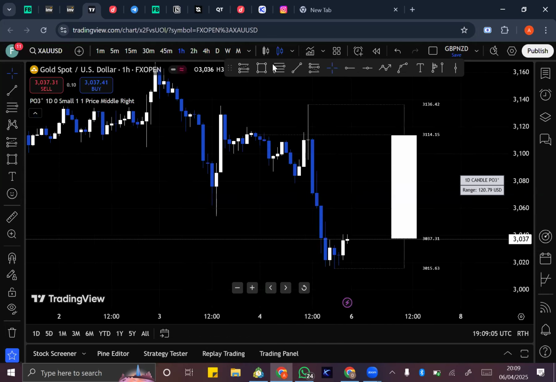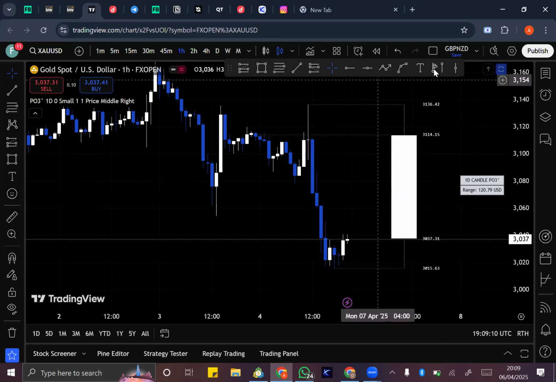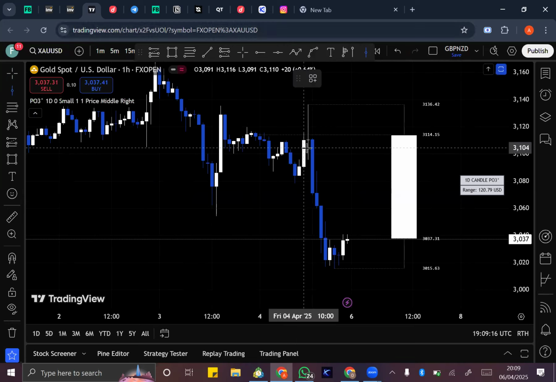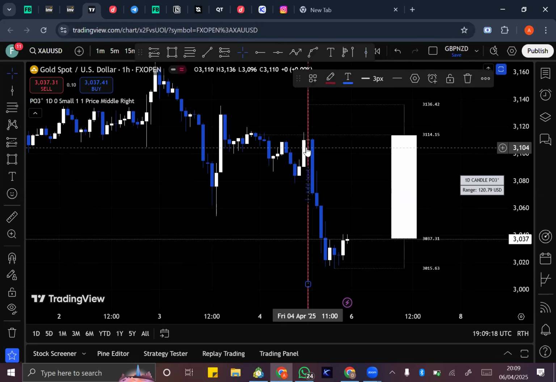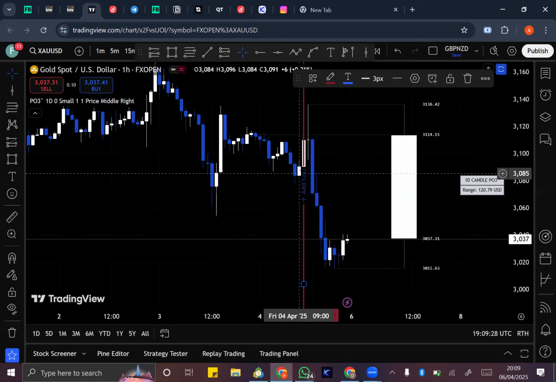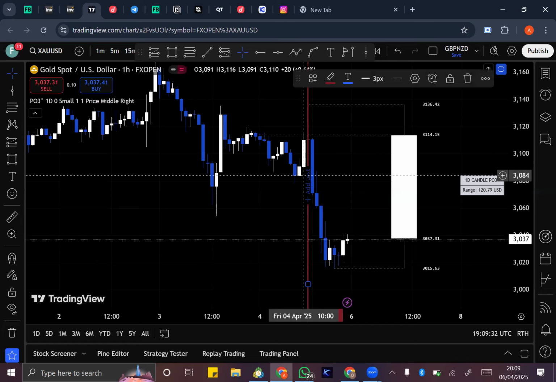So let's mark this daily out, where it opened from. This candlestick here opened right here and then pushed all the way up before pulling down. So after knowing this, you already know how many candlesticks are in a day in 1 hour.